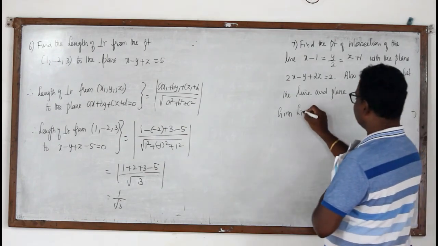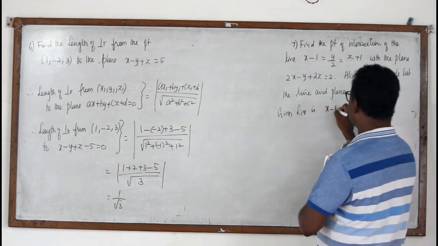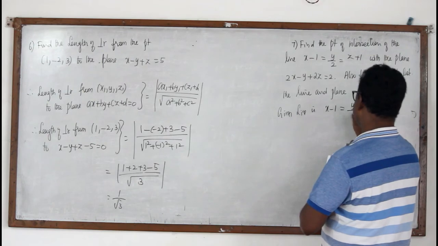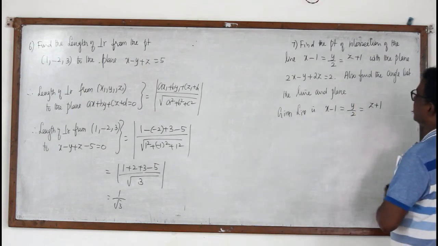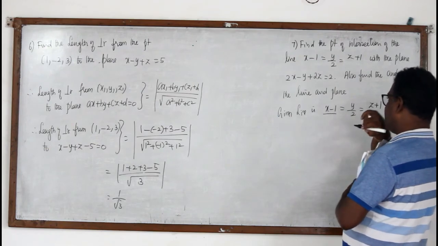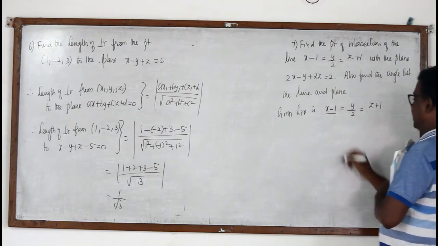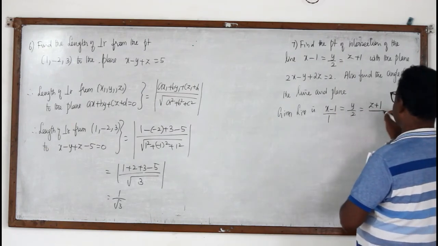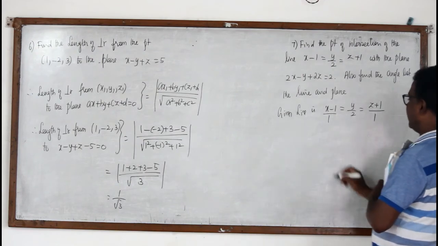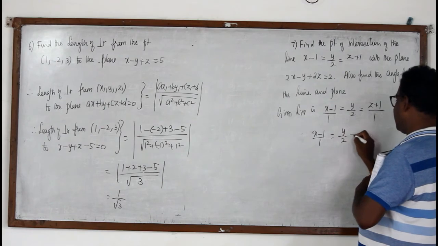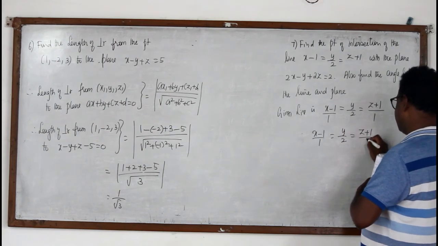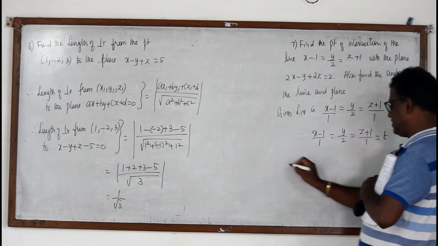So the given line is x minus 1 equal to y by 2 equal to z plus 1, isn't it? If it is x minus 1, it is understood that the coefficient is 1 here. Similarly, this is also 1. So it is x minus 1 by 1 equal to y by 2 equal to z plus 1 by 1 equal to t, if I say.